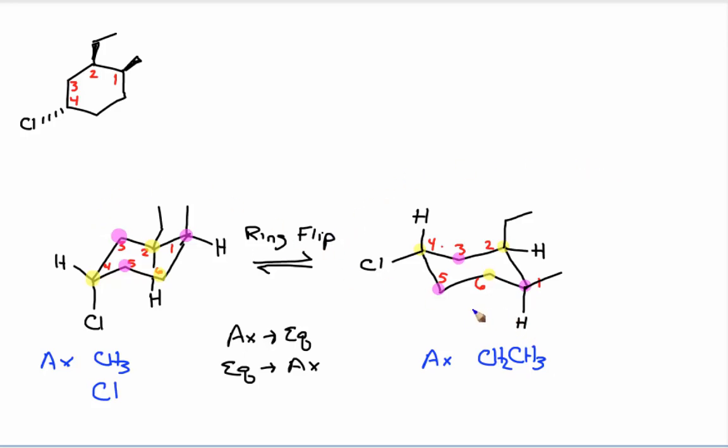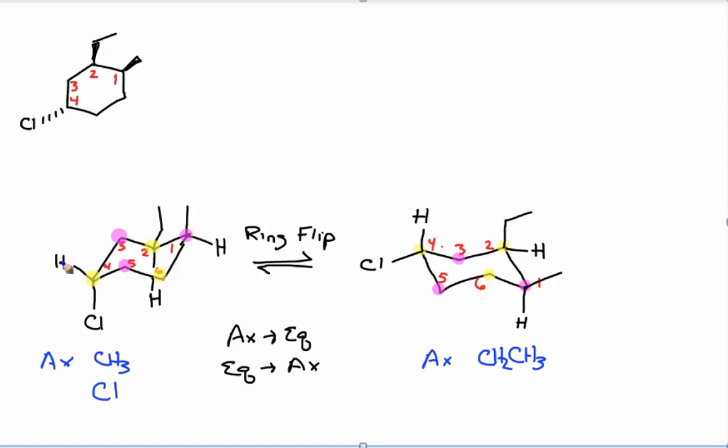So comparing these two structures, it's going to be more energetically favorable to have 2 substituents in equatorial position and only 1 in axial versus 2 in axial and 1 in equatorial.